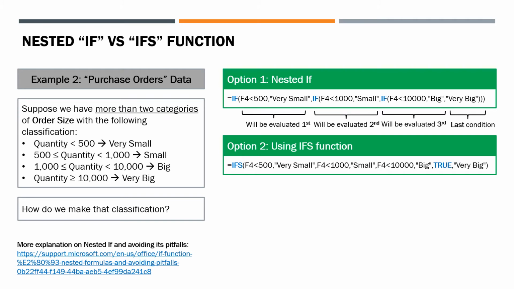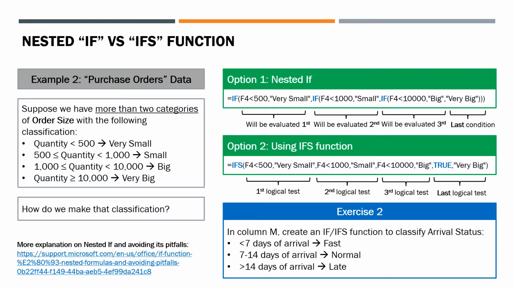If the number in the cell doesn't fulfill the three criteria here, it will be considered very big. This is the first logical test that is evaluated, then the second, the third, and this is the last logical test. You also have exercise 2 here. Please do it by yourself, and because I'm more comfortable with the IFS function, I will show you how to do this with IFS.